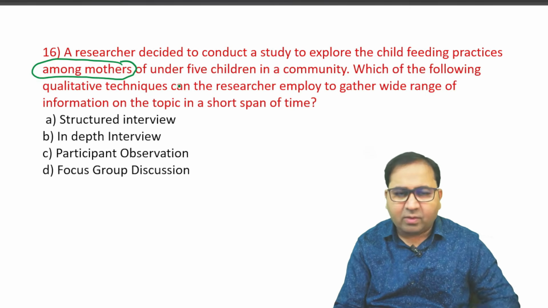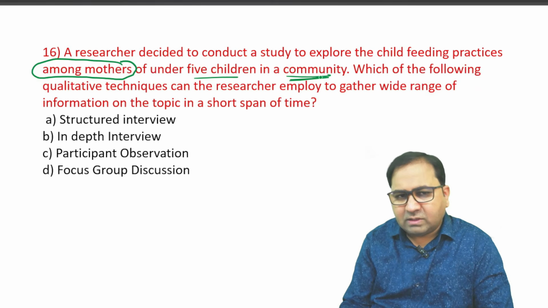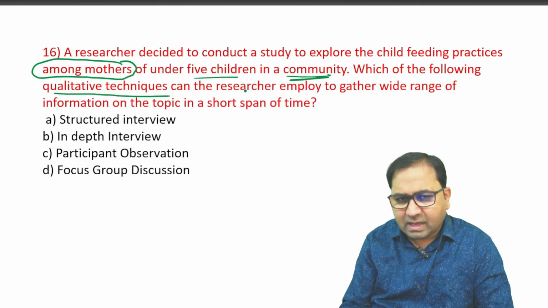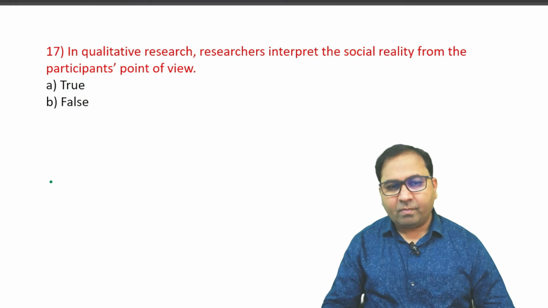So many mothers are involved. If you want a wide range of information, you should have many people or a group of people. Therefore, the answer for this question is focus group discussion.